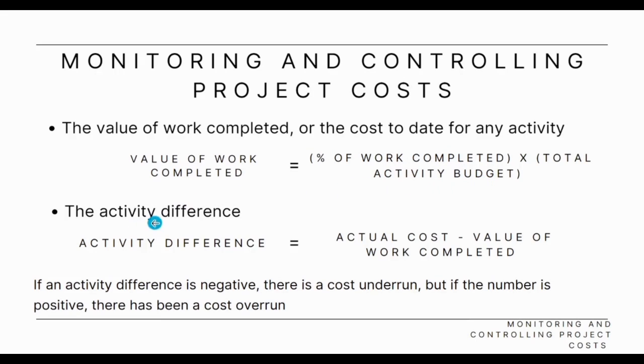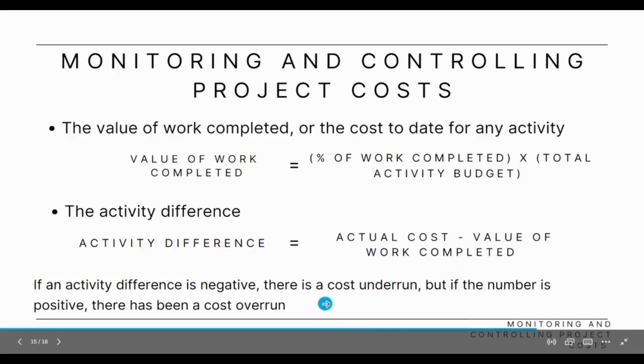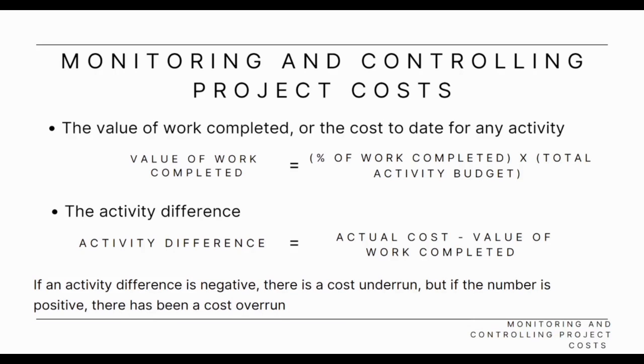Then you can find the activity difference by subtracting the value of work completed from the actual cost. So if any activity difference is negative, there is a cost underrun. But if the activity difference is positive, there has been a cost overrun or you have overspent.